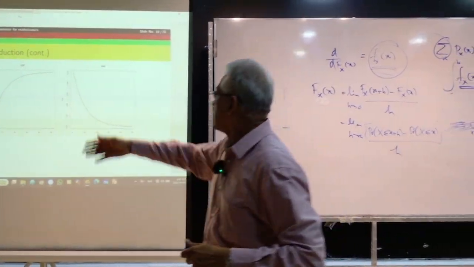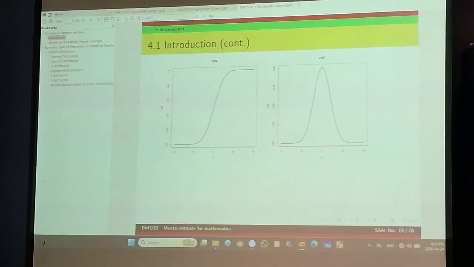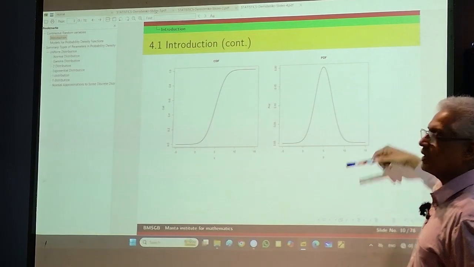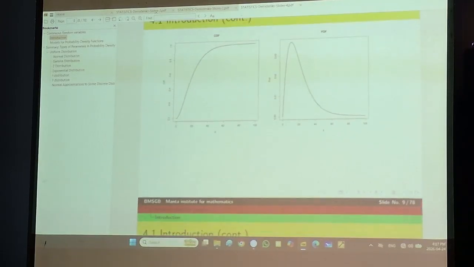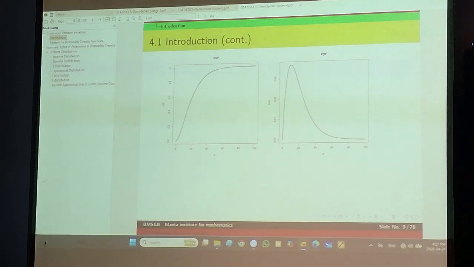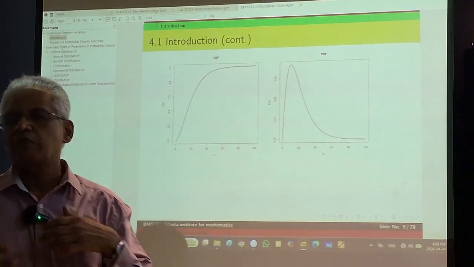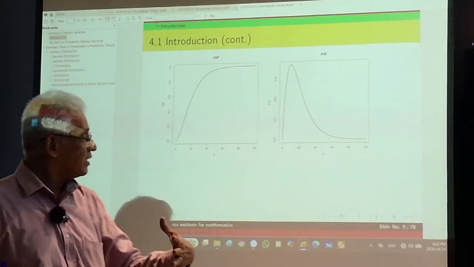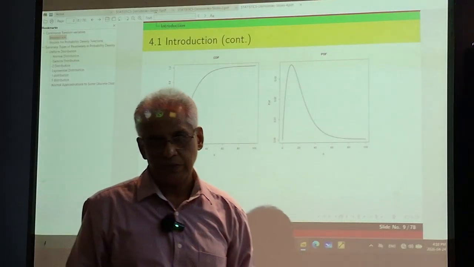There are mathematical equations with these shapes. You yourself can produce that kind of functions. There are so many mathematical functions that people have created to get these different types of shapes.